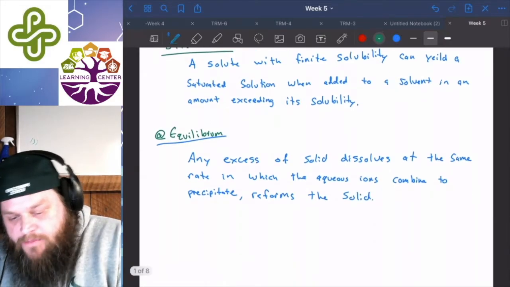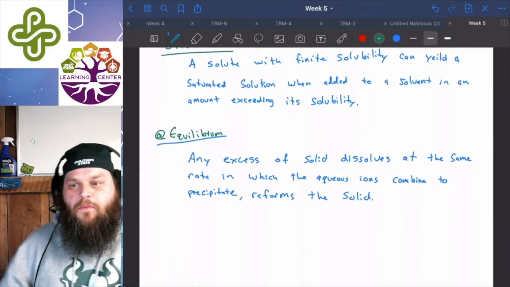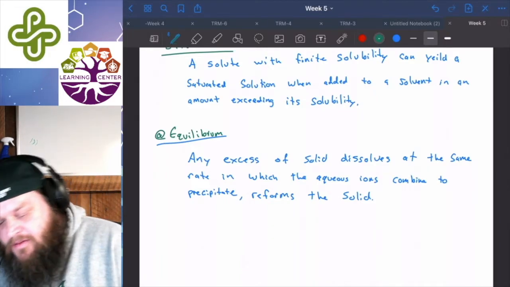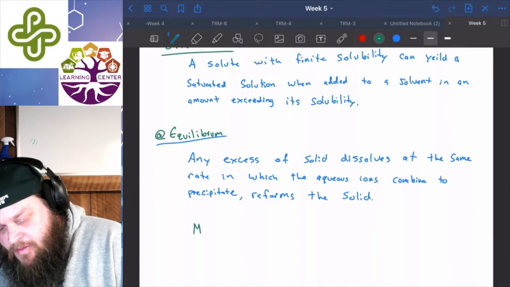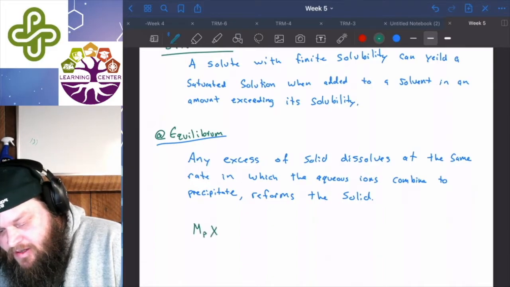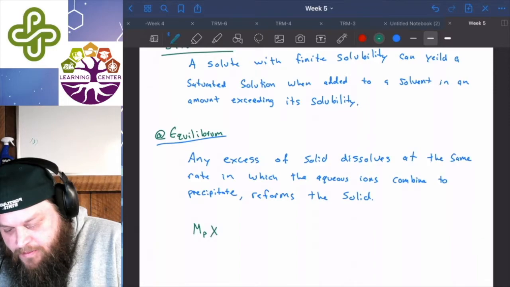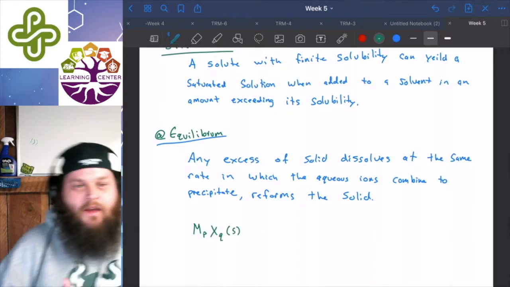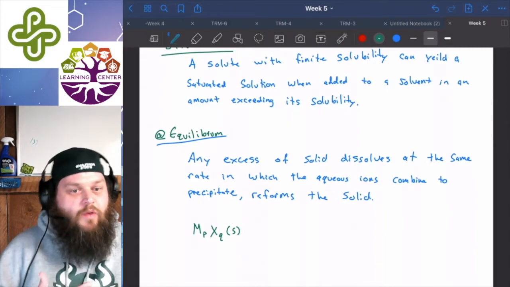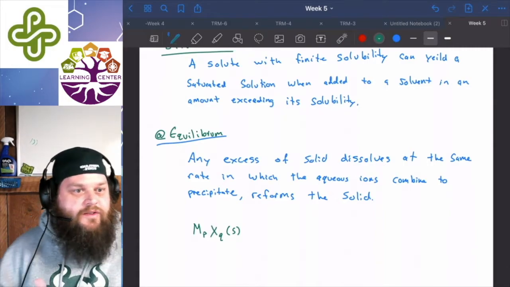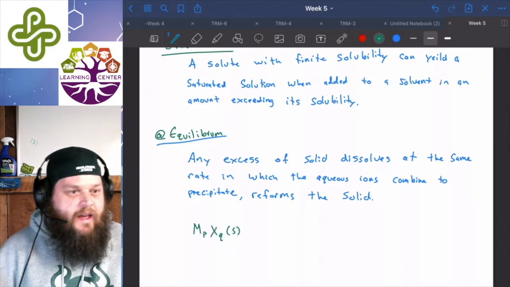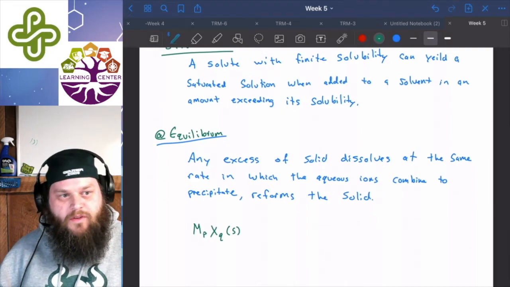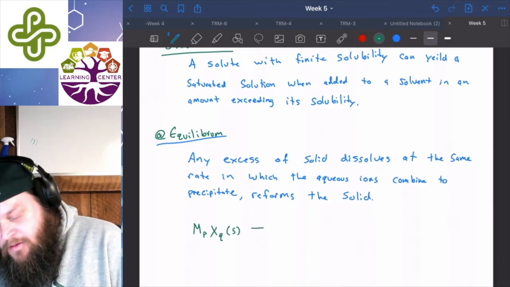And we can write a general balanced chemical equation for this. If I have two compounds, I'm going to call one M and one X. And let's say the ratio for them is M_p X_q, and that's a solid. M and X can be any two compounds, M being a positively charged compound, X being a negatively charged compound, and p and q are just the ratio in which we have to add these together.